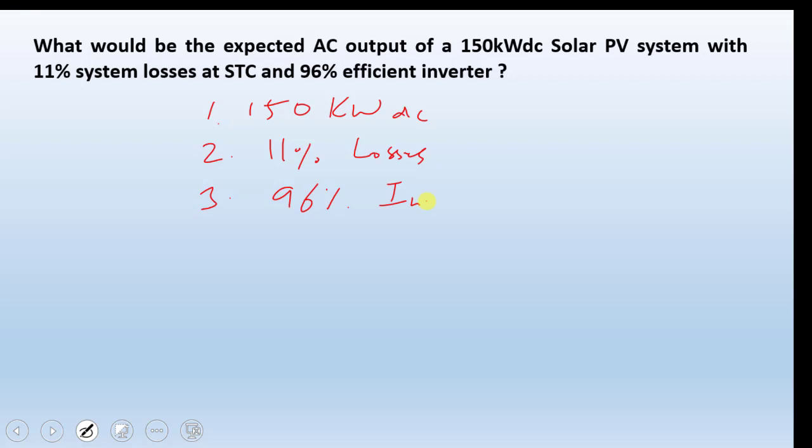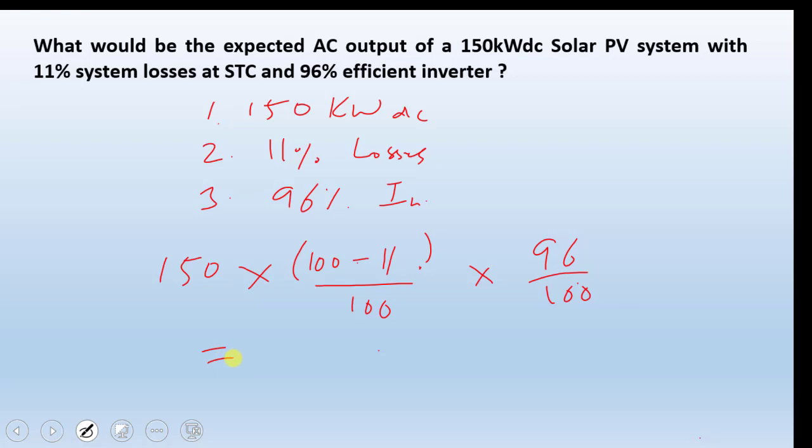So here what we have to do is, let's take the 150 kilowatt of the system. We have to multiply it with the system efficiency, which is 100 minus 11, divided by 100. Let's remove the percent. So here we have the efficiency of the system. And then we come to the inverter, where we have 96%. So we can take this as 96 over 100.